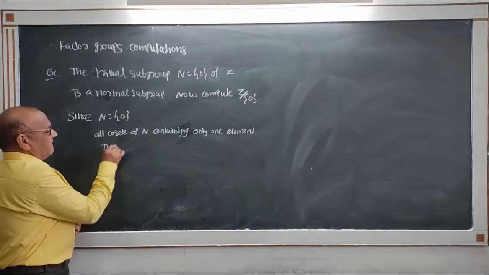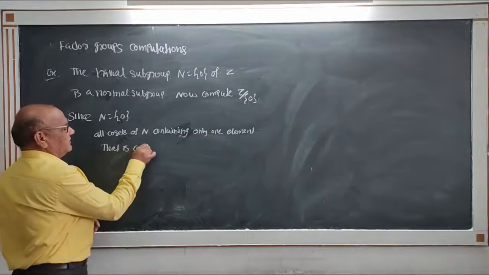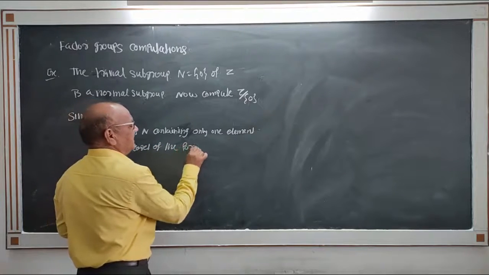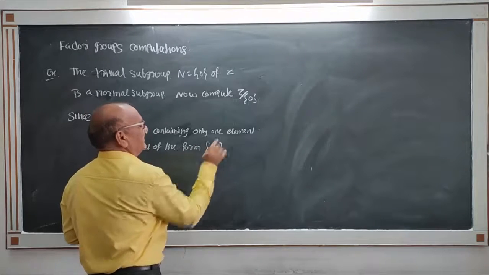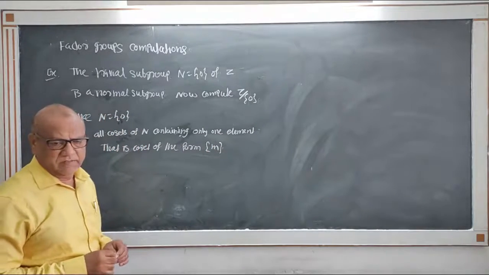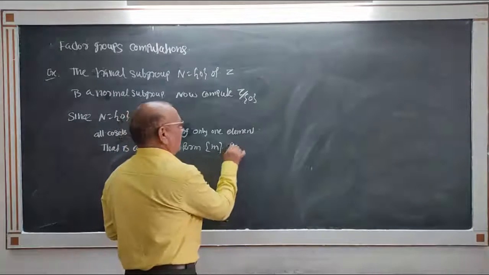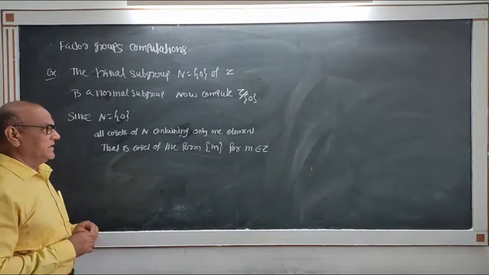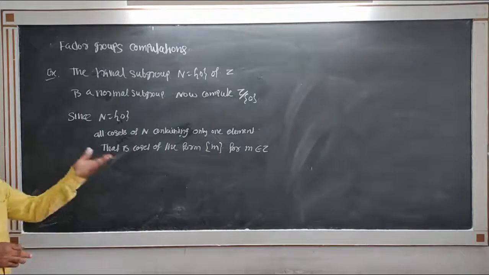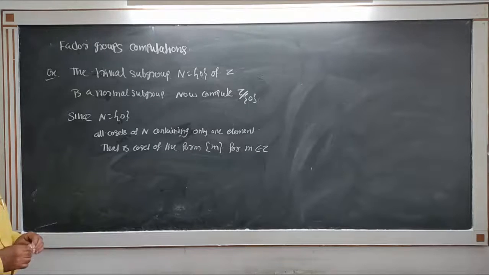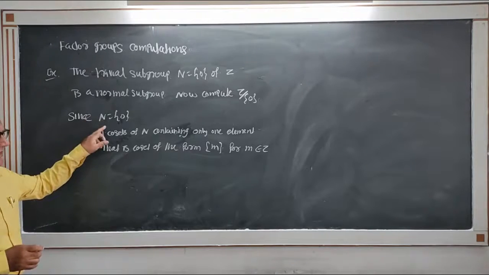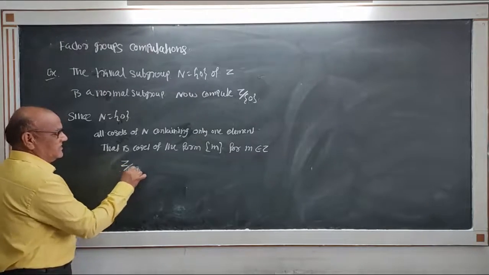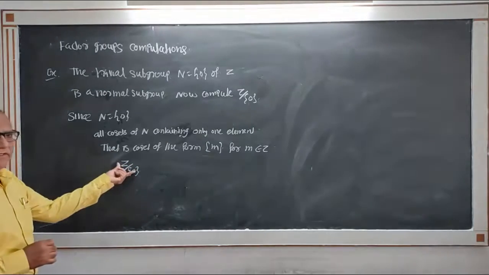That is, cosets of the form singleton {m} for m belonging to Z, and the union of all these cosets is equal to Z. That means Z by this is a factor group.